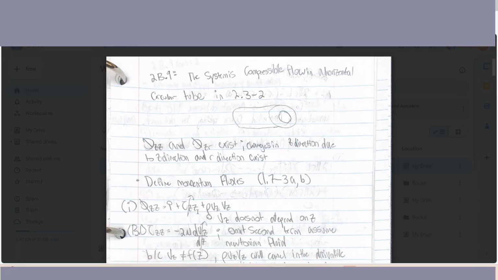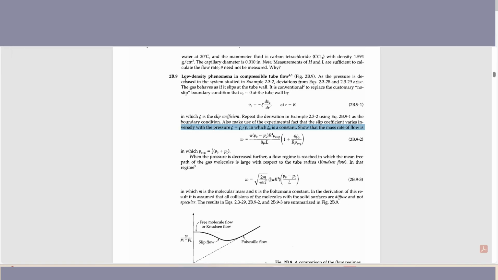So it's a circular tube. It's horizontal, and if you look in example 2.3, the tube is actually vertical, but if we look at the answer it gives us, it has regular pressures at the inlet and outlet, not modified pressures.